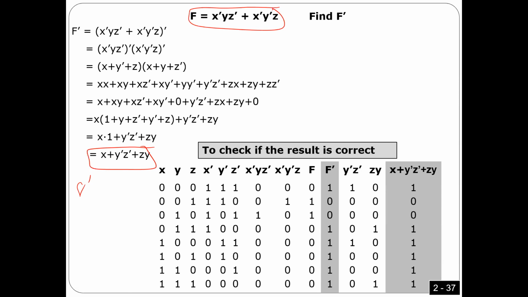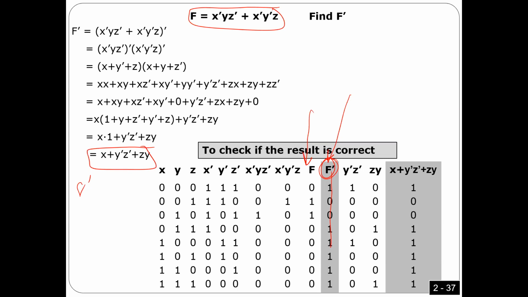What I did here is I created the truth table, and then I made f. After I made f, I got the complement of f. I got this formula. The second thing I can do is implement what I got here.